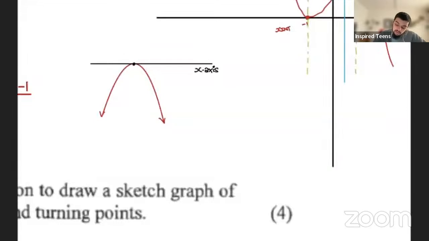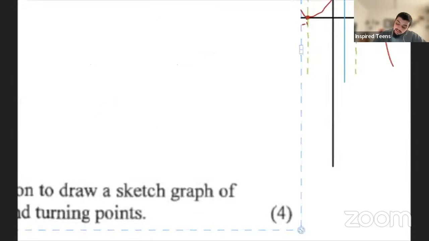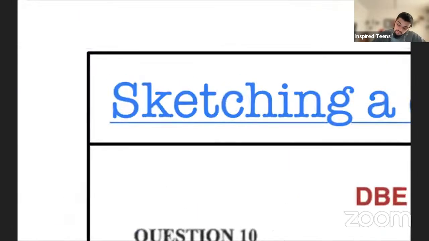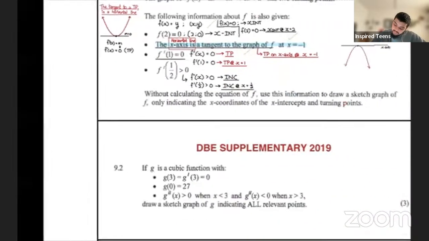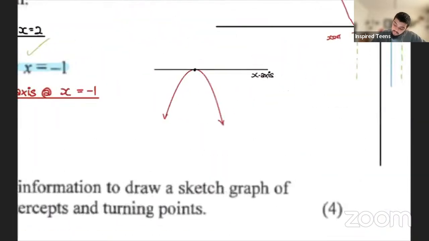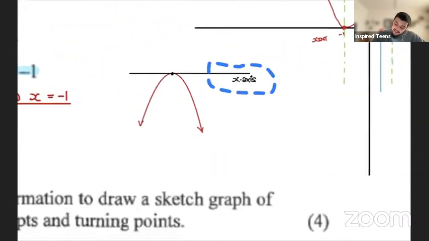Okay, the tangent line, when the line is a tangent line to a parabola function, I'm drawing a tangent line through the turning point. Remember that the tangent of a turning point is always a horizontal line.